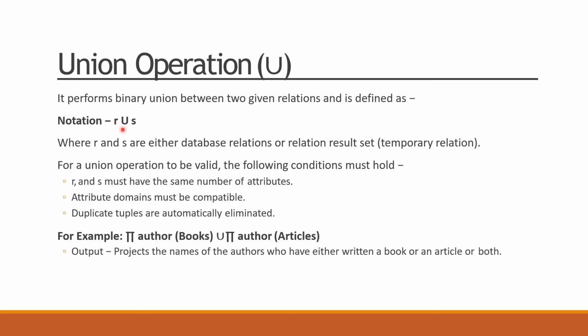We all know about union, that if R has 1, 1, 2 and S has 2, 2, 3, then the resultant output table will have 1, 2 and 3. Here R and S are either database relations or relation results, temporary relations you can say. For a union operation to be valid, the following condition must hold: R and S must have the same number of attributes.